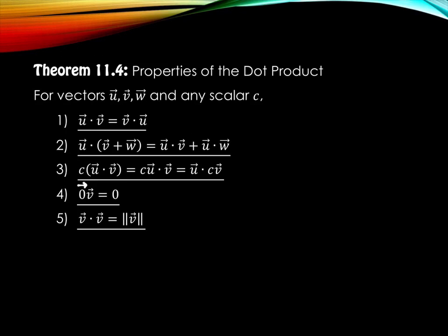When you have the 0 vector dot the vector v, you end up getting 0 as the scalar value. There's a typo in the last one too. All right, and then v dot v is the magnitude of v squared. Two typos on there. Could be worse.